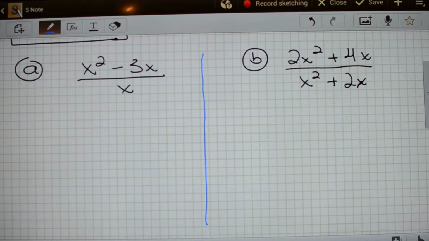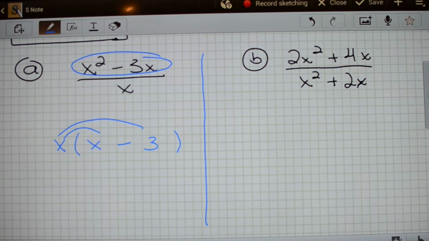So let's start with A. On the top of the fraction, I can factor off an x. So when I factor off an x, I'm left with x minus 3. Notice, again, you should be able to distribute this x back in to get this. This was from the previous chapter.